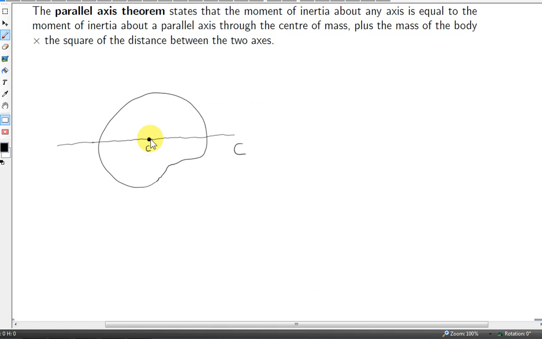Little c is the center of mass of this body. Big C is an axis passing through the center of mass.